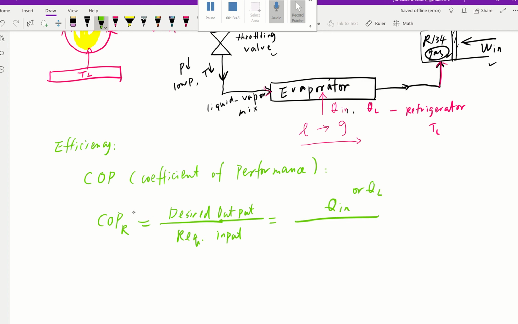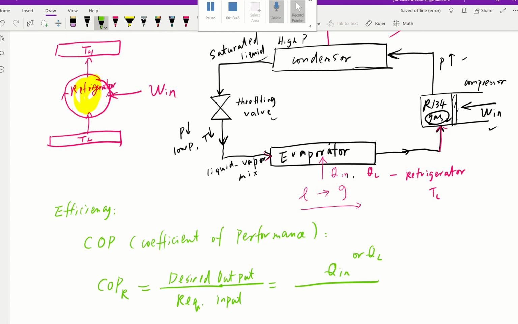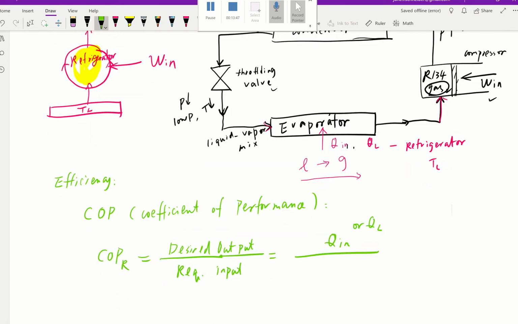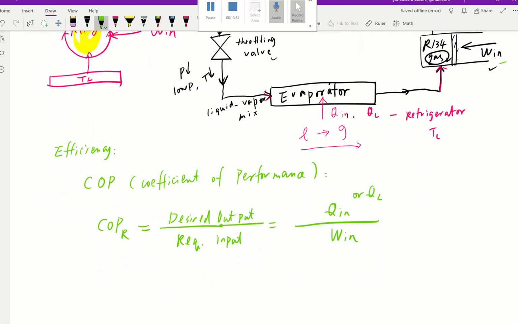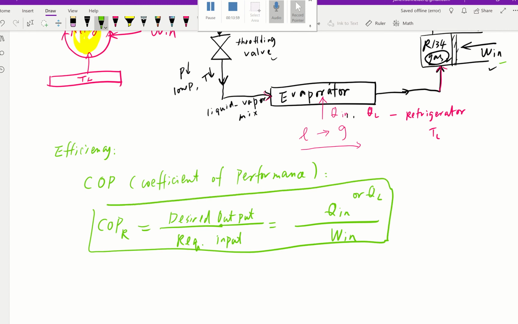And then what's required? What absolutely has to be there? We're going to have this work in, the required work. So now we have our first formula for the coefficient of performance for a refrigerator. It's going to be QL over W required work, or Q in over W in.